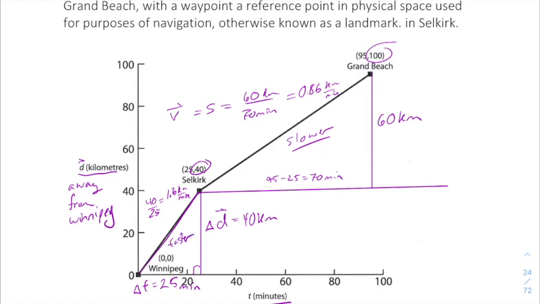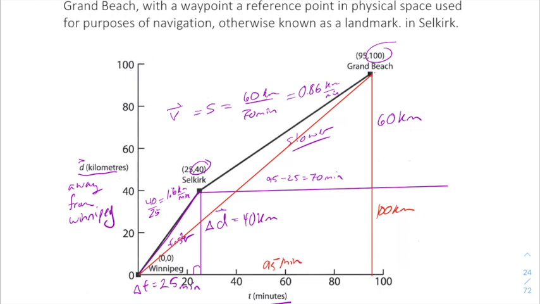Now what you can also do, if you really want, is look for the average velocity here. I'm going a little bit off the book here, but that's okay. In the average velocity, we would see that the total distance is 100 kilometers and the total time is 95 minutes.